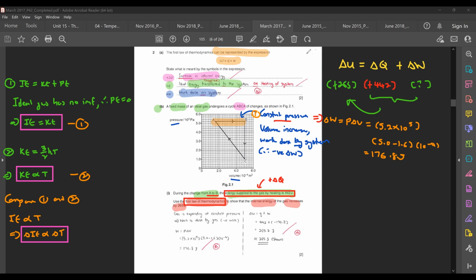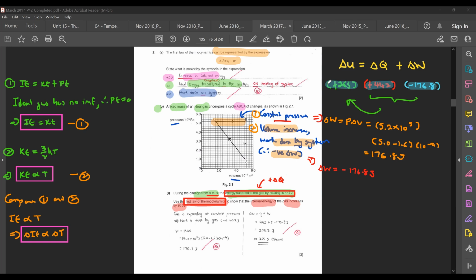But because you have volume increase, which means work is done by the system, your delta W is supposed to be negative, so delta W is negative 176.8 joules. If you sub this in and add these two up, you should be getting this plus 265.